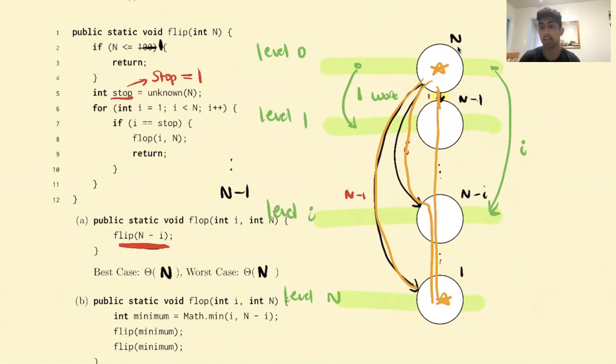Because as we move from one level down to the next level, it's not really a tree this time, but regardless, we always do 1 work to move down 1 level, which means looking at all possible ways of going from the top to the bottom, all of these paths have total work n, which gives us best and worst case n.